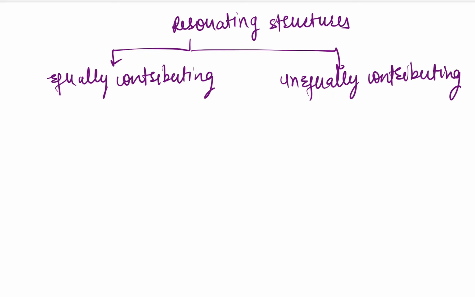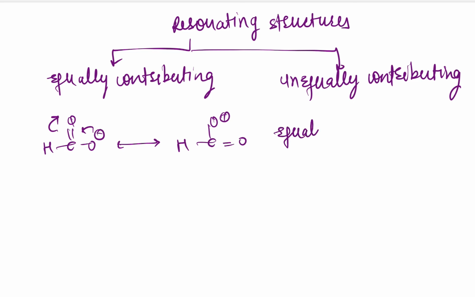Like we can say HC double bond O negative. When we draw its resonating structure after the conjugation, it will form HCO negative double bond O. So this is called equally contributing, because both are similar structures.